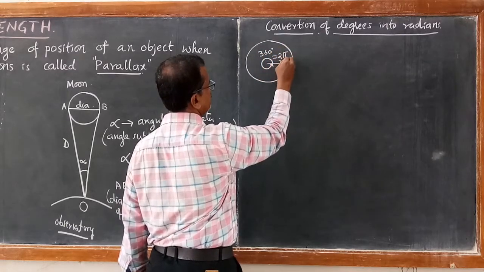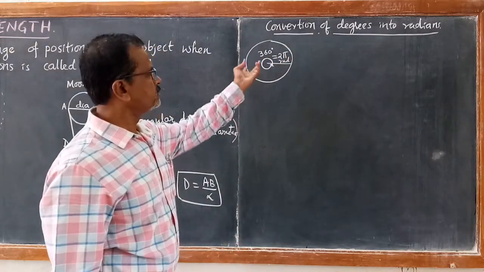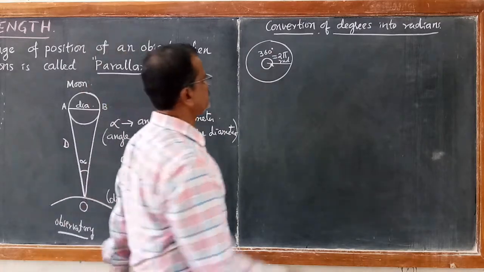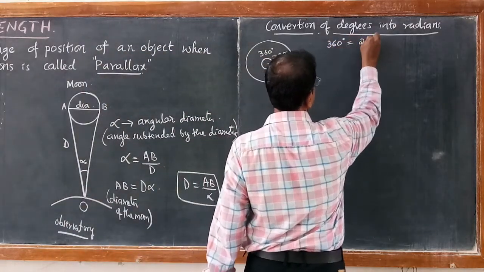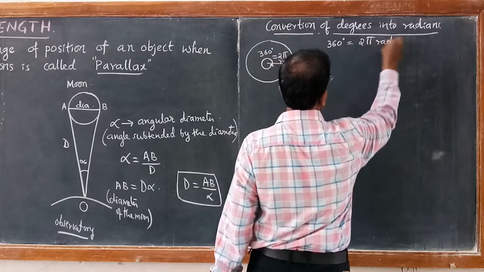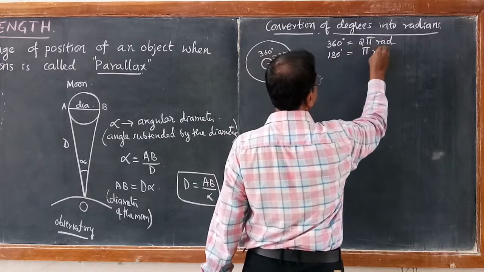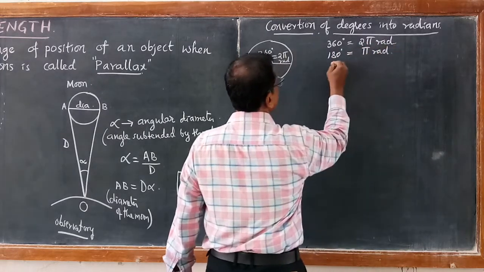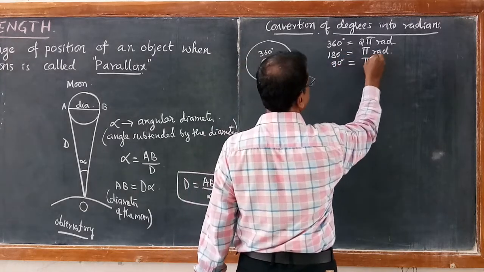This is what we have concluded yesterday. So 180 degree is equal to pi radians. So 360 degree corresponds to 2 pi radian. 180 degree corresponds to pi radian. 90 degree corresponds to pi by 2 radian.